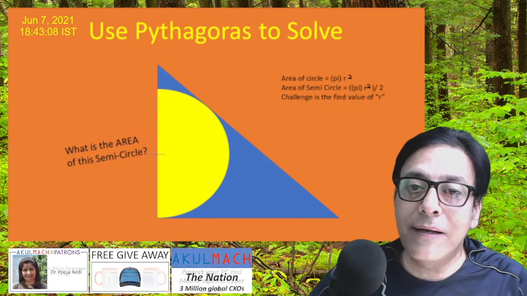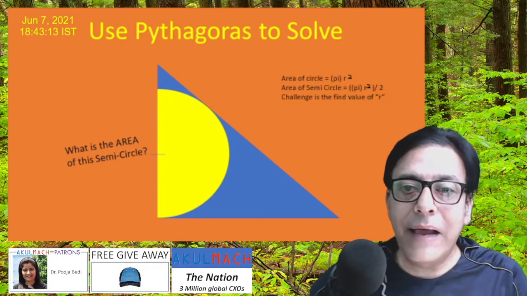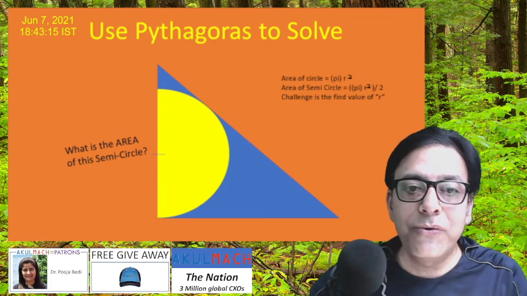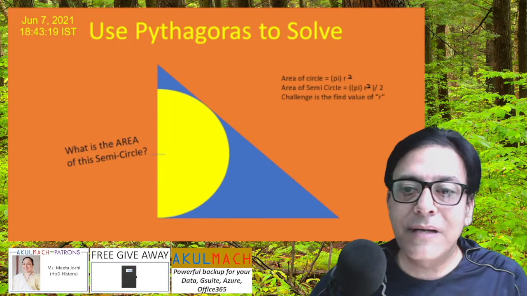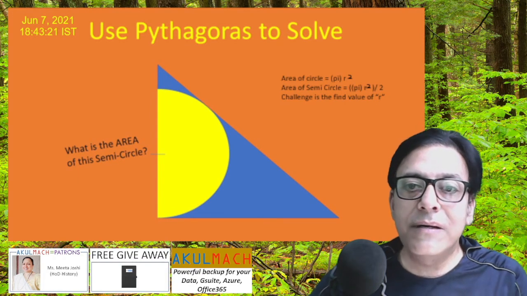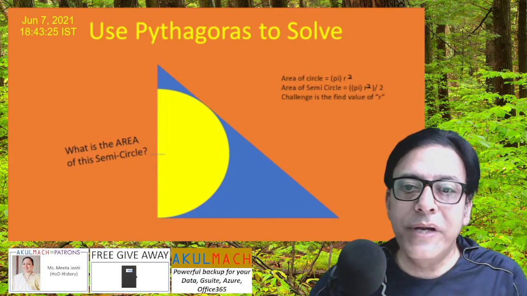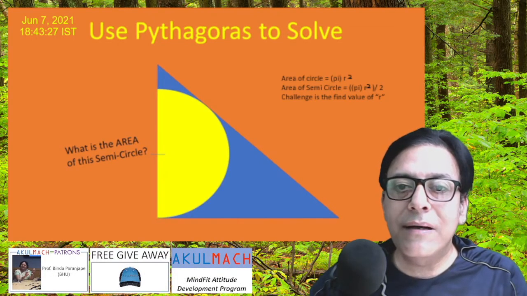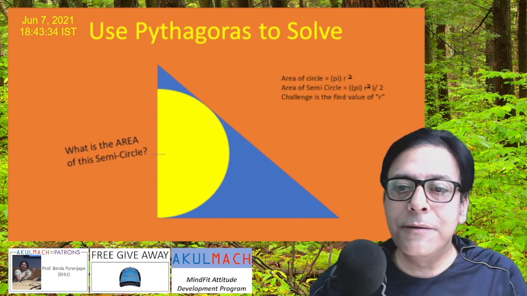We need to find the value of r. Where is r here? We don't see r anywhere, and we now need to do imaginative work. And I said in the beginning, friends, that I am going to use a geometric method to solve this particular puzzle. So we need to find r, and we need to get r into the above mentioned formula for area of semicircle.